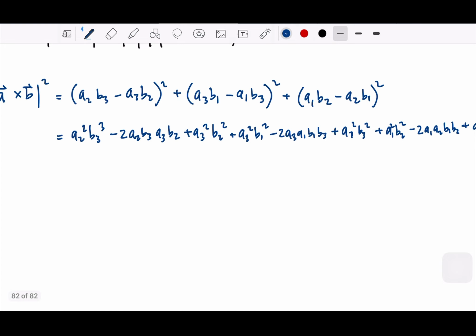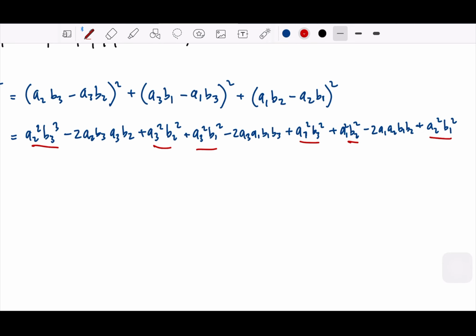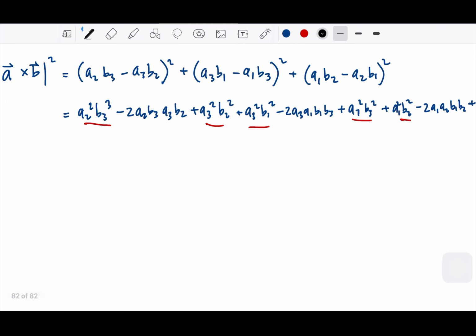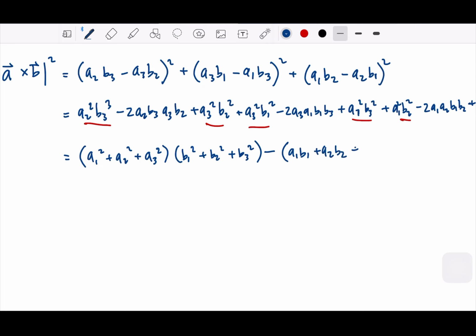And then from here, we can take all the terms and factorize, because it's only a and b, and then minus 2 we will have a1 b1, and then squared.